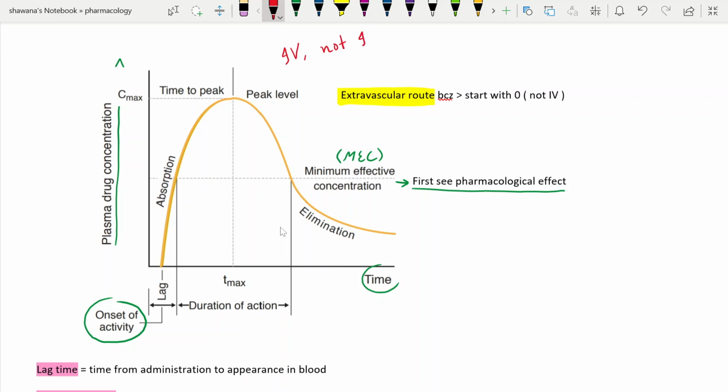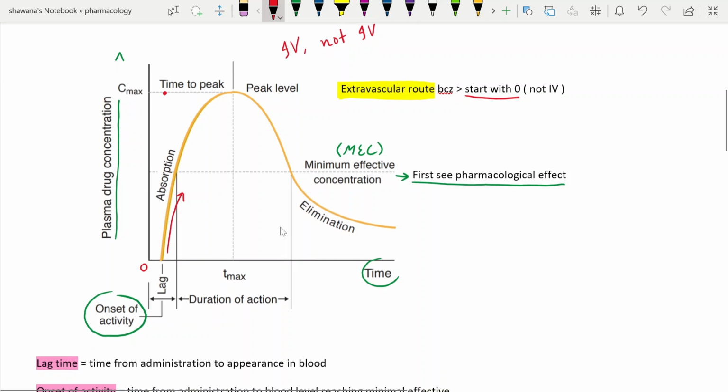Think logically, because at time zero we have administered the drug, and it starts to absorb gradually. So of course it is not IV, because we start at time zero and the plasma concentration is zero. But in IV routes, the plasma concentration should be at Cmax at time zero. So it must be an extravascular route.